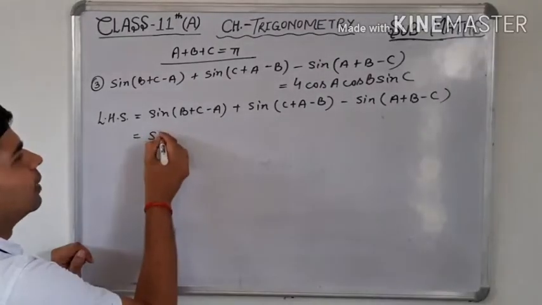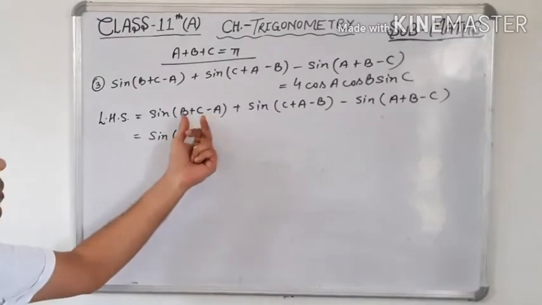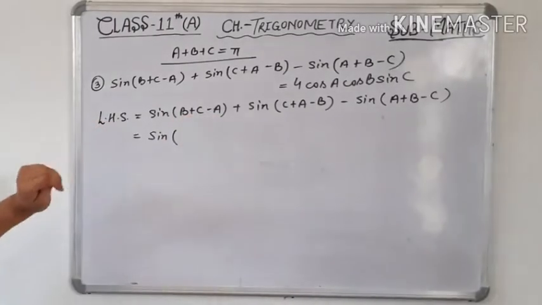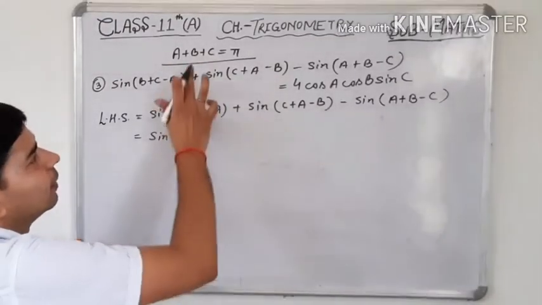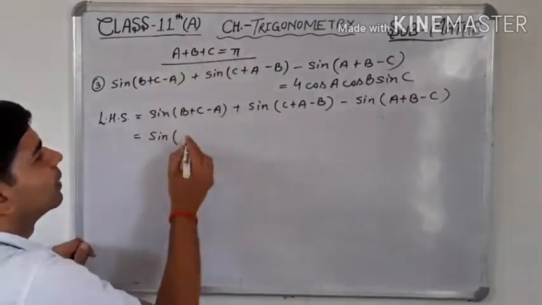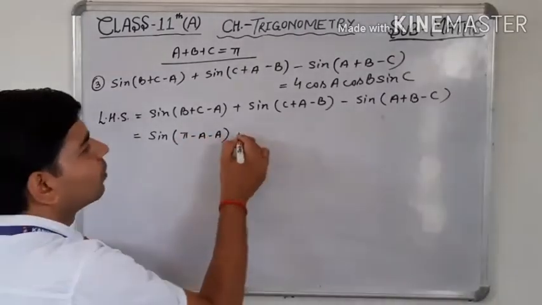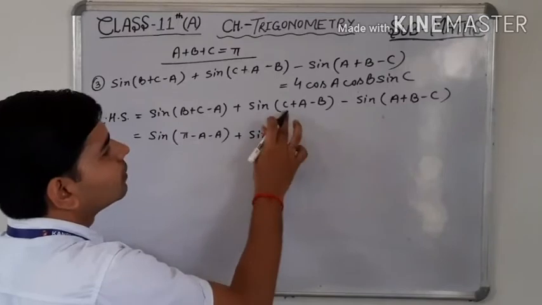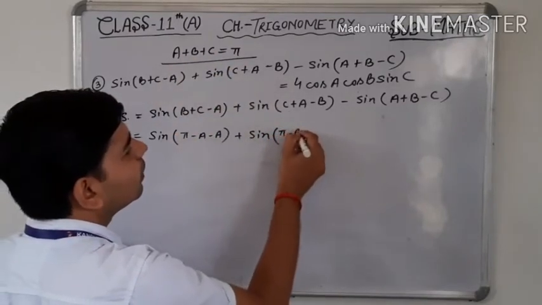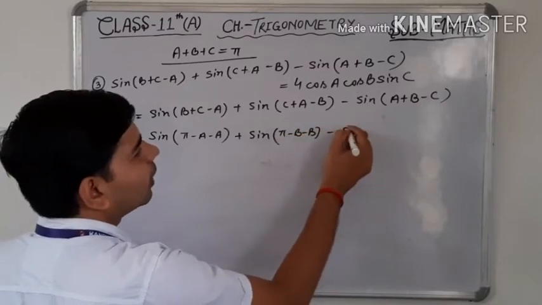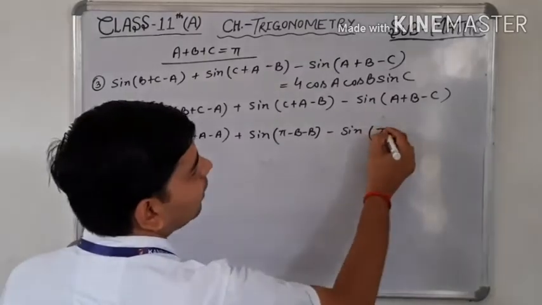Put the value of b plus c from the given condition: b plus c equals pi minus a, c plus a equals pi minus b, a plus b equals pi minus c.